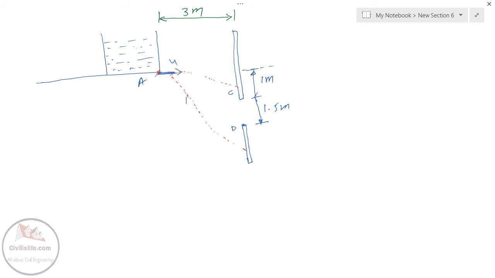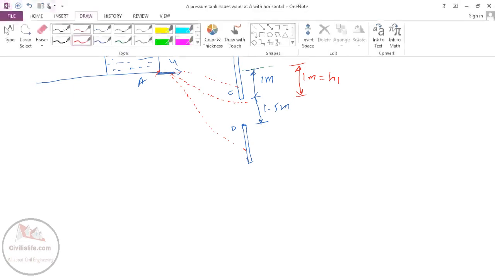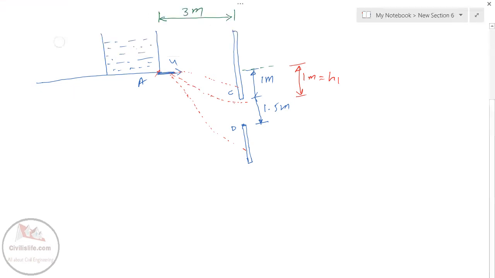If you look into the figure, there are two cases. For the first case, the water has to travel a vertical distance of 1 meter. I am calling this H1, so that water will enter the opening from nearer to the point C. This is the first case. If the water travels 1 meter height along the vertical direction, then it is possible to enter the opening.